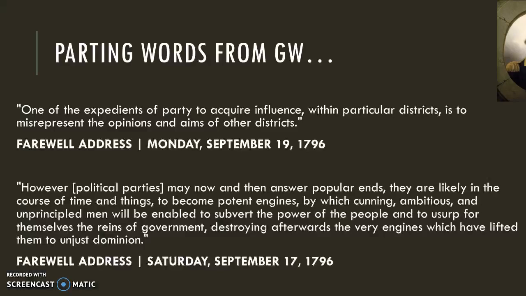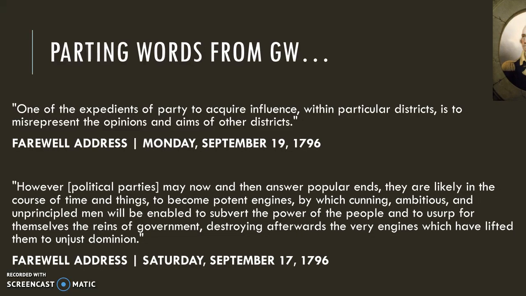If you'd like, you're welcome to read through these. These are some pieces from George Washington's parting letters, some farewell addresses. He gave more than one farewell address, as you can see, one on September 17th, one on September 19th. So well before he actually leaves office, he begins somewhat of a farewell tour, speaking to individual districts and just going and expressing his goals and his hopes for the country as it moved on without him.